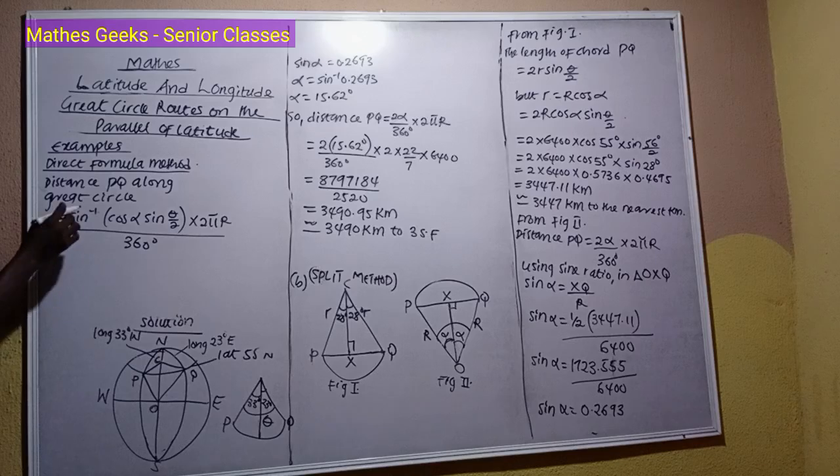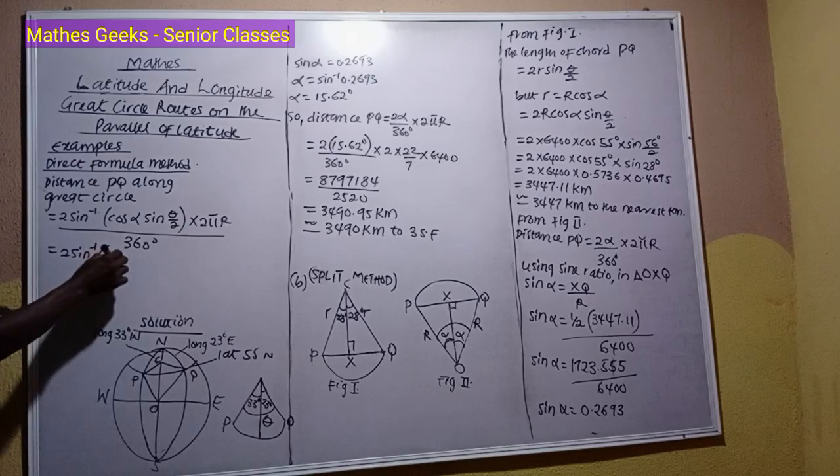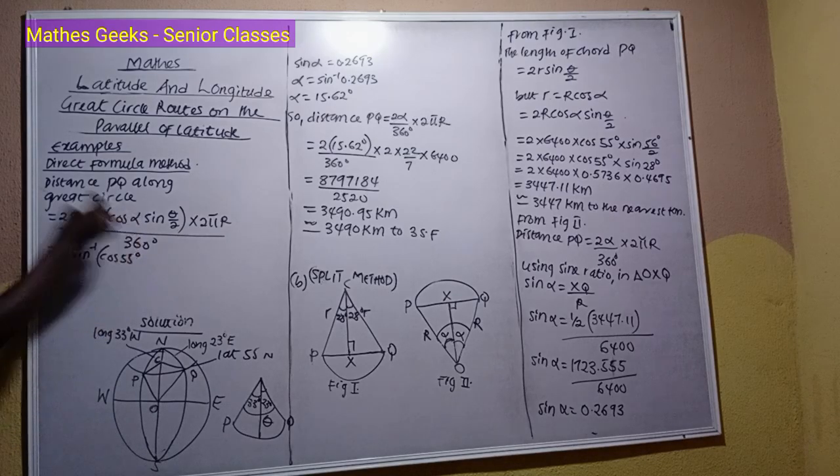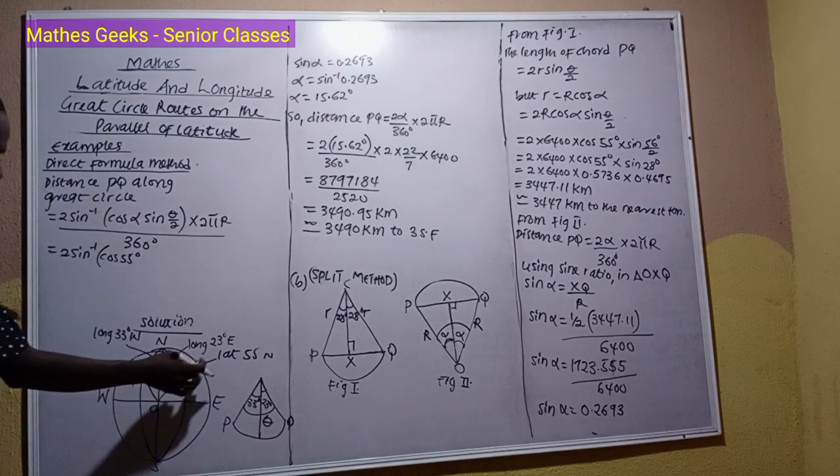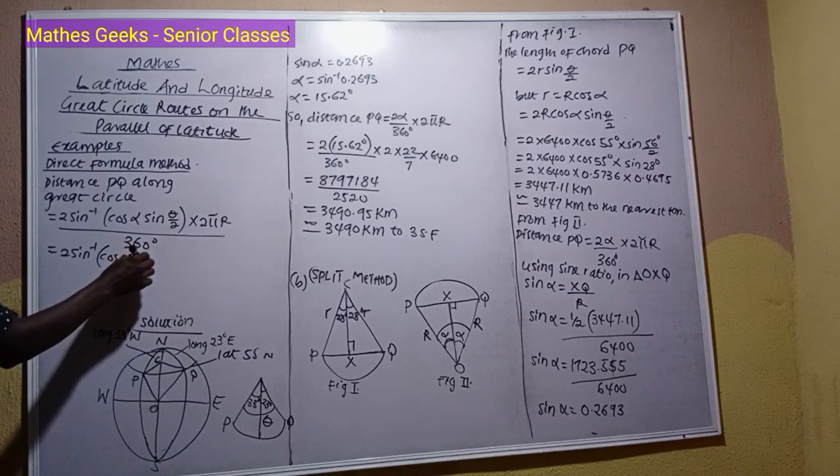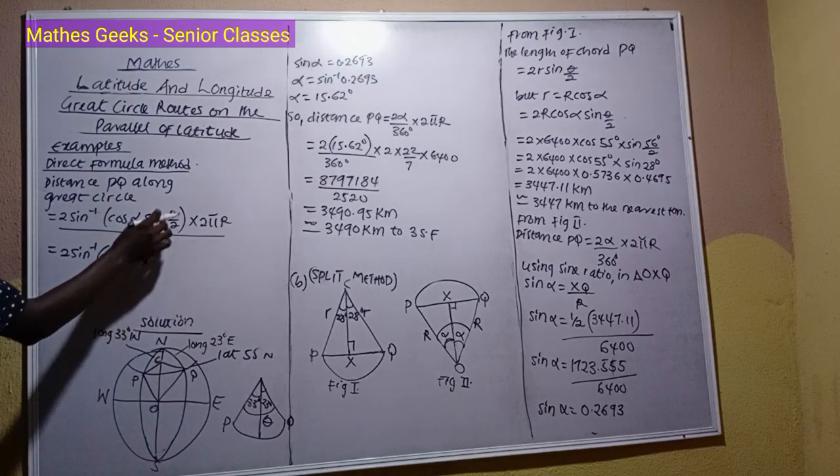So here, 2 arc sine, cos alpha is cos 55 degrees. Alpha is the parallel of latitude, 55 degrees, times sine theta over 2.